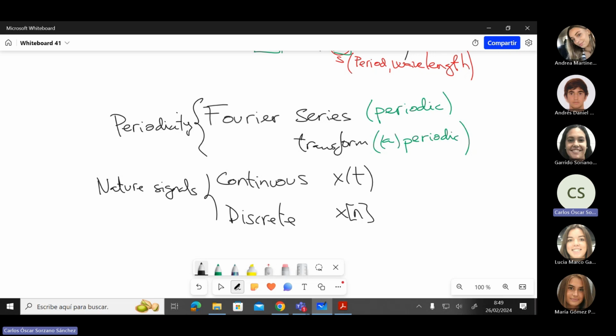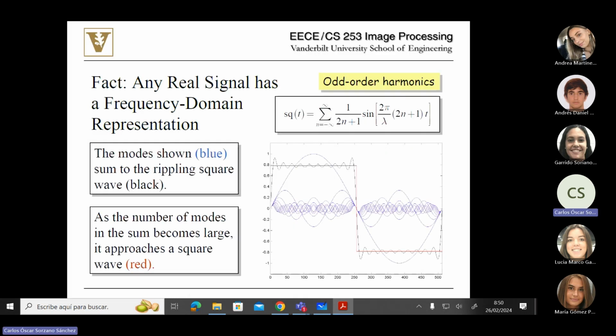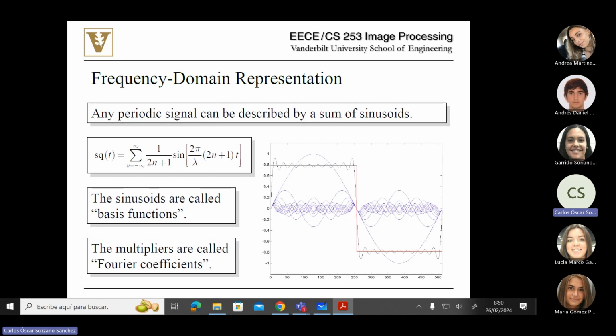Okay, so here is a continuous Fourier series. It is a series, so we have an infinite sum. And it is continuous because the argument is t. But the idea is that any signal, discrete or continuous, you can approximate as a sum of sinusoids. Yeah, let's look at this.